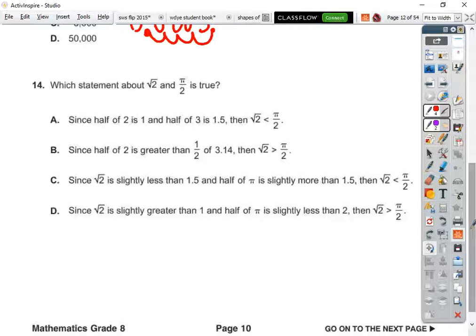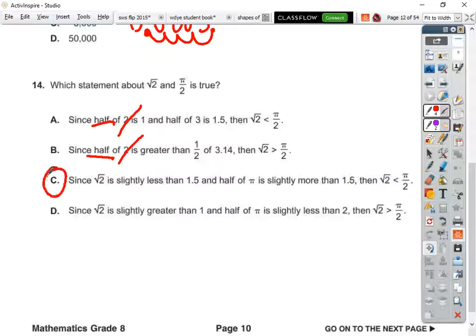Square root does not mean half. So since they are using half here, we know this is not mathematically correct. Since the square root of 2 is slightly less than 1.5, and half of pi is slightly more than 1.5, this sounds pretty good. So C?